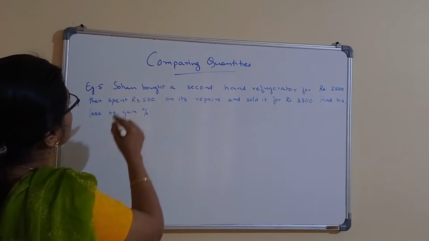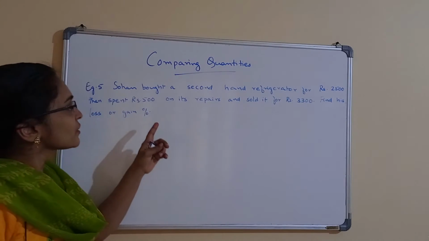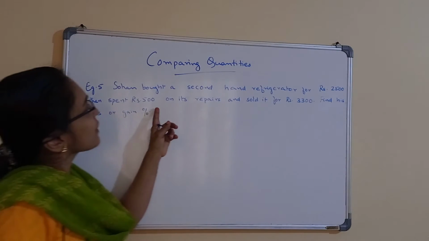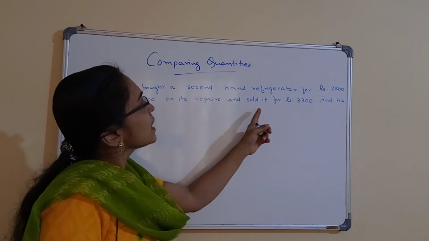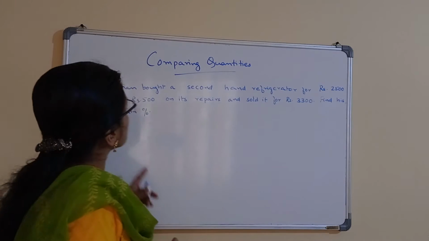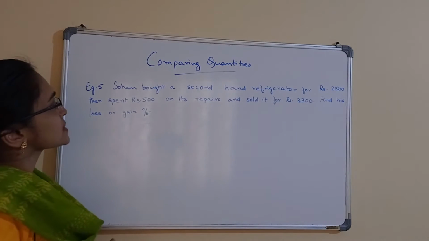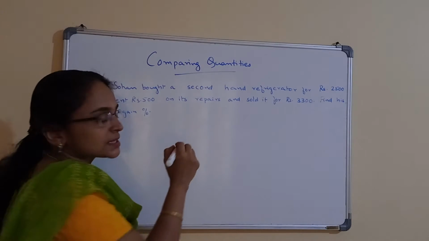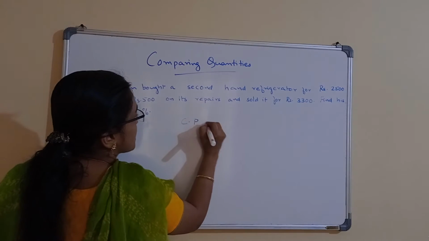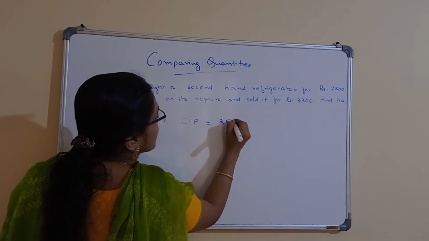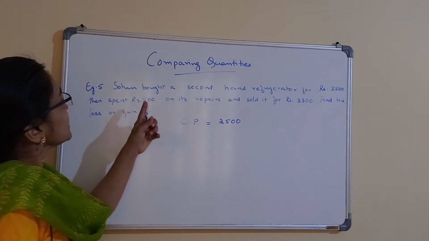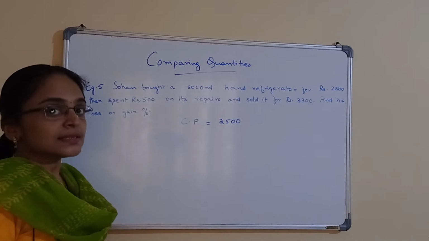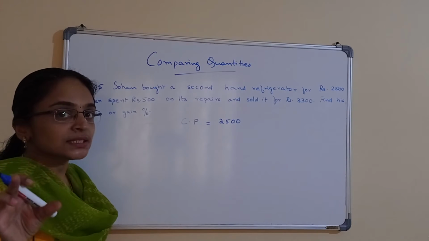Next is example 5. Sohan bought a second-hand refrigerator for 2500 rupees, then spent 500 rupees on its repairs and sold it for 3300 rupees. Find his loss or gain percent. He bought the refrigerator for 2500 rupees, that is, cost price is equal to 2500 rupees, and he spent 500 rupees on its repairs, which means it is the overhead charge.